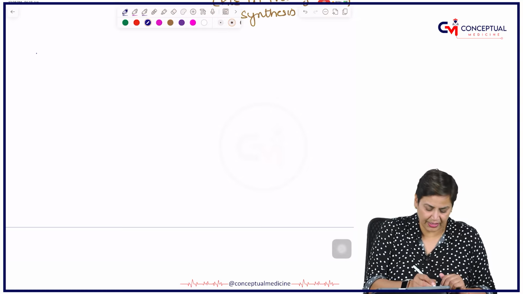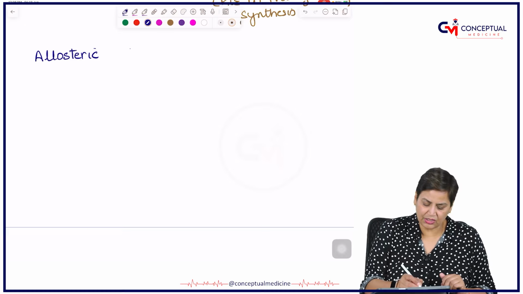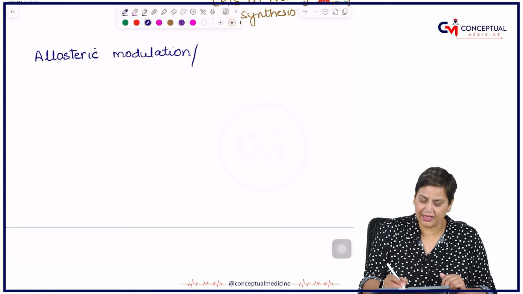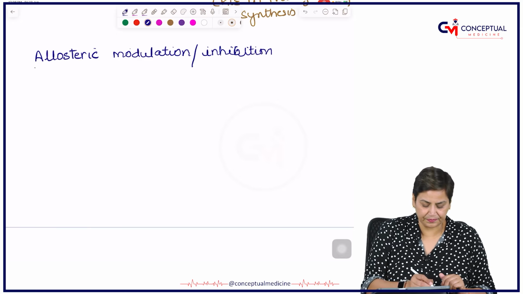The next one is allosteric inhibition. I will use two words: first of all, allosteric modulation, and then allosteric inhibition. So what is the difference, which we have to understand.